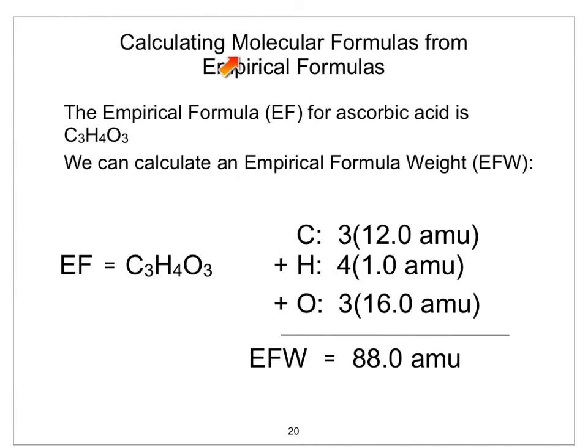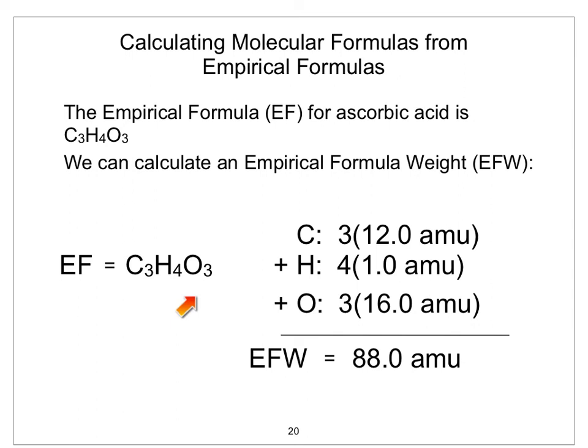In many cases, the molecular formula will be different from the empirical formula. Recall, the empirical formula is the simplest whole number ratio, whereas the molecular formula is the actual number of atoms in the molecule. To find the molecular formula, we determine the multiplier of the empirical formula by finding the ratio between the actual molecular weight of the compound and the calculated empirical formula weight from the empirical formula.